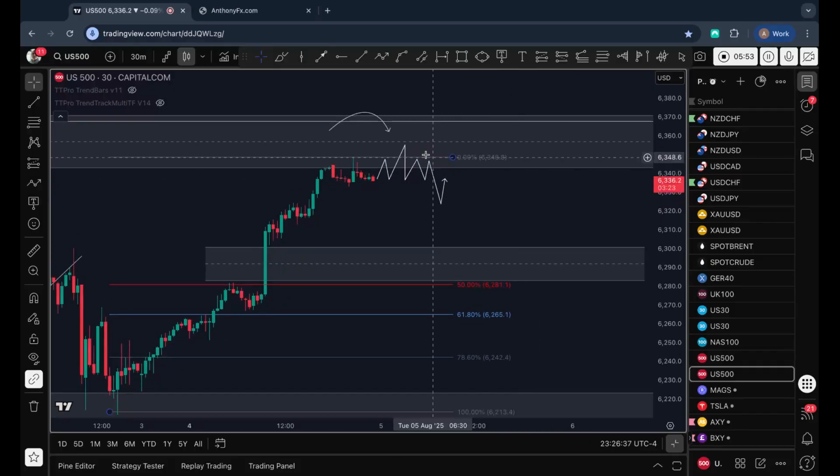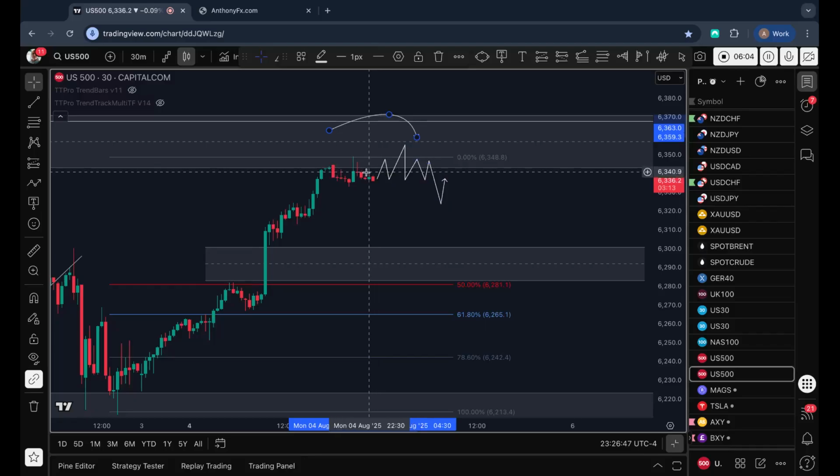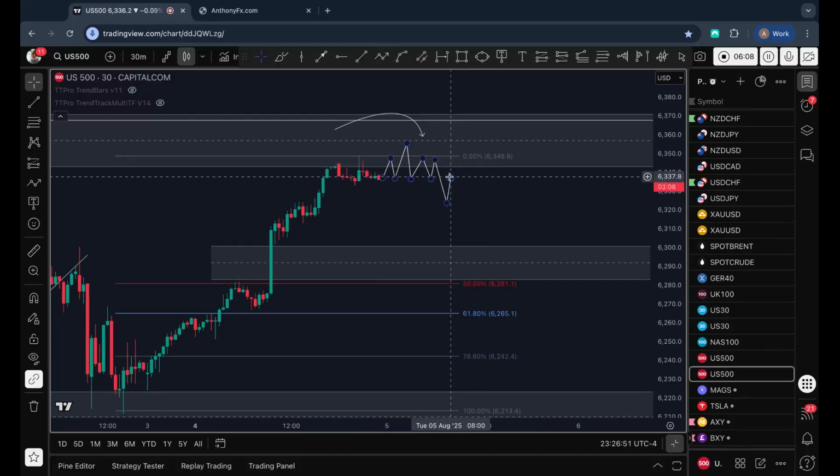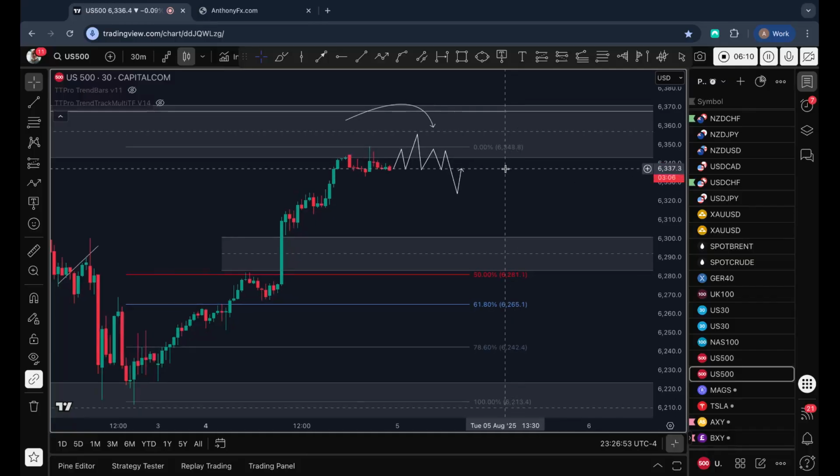And that's my cue. Preferably it doesn't break the midpoint of this range. That's the imbalance. It eats into it a little bit, we get a bit of a rebalance, it takes out more liquidity, and then down we go, potentially.